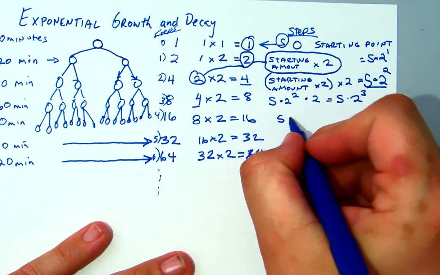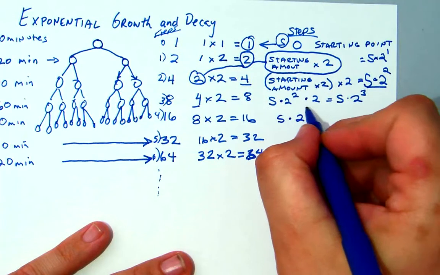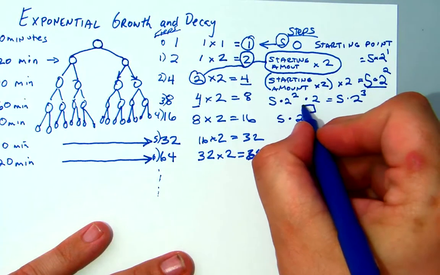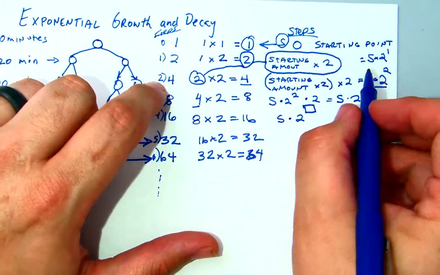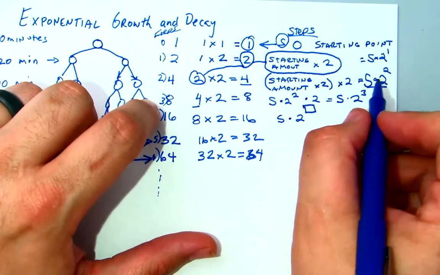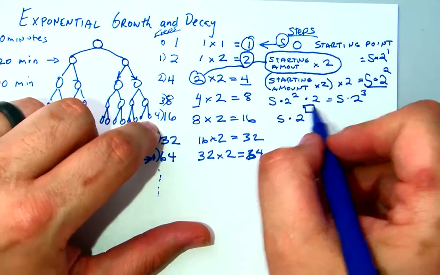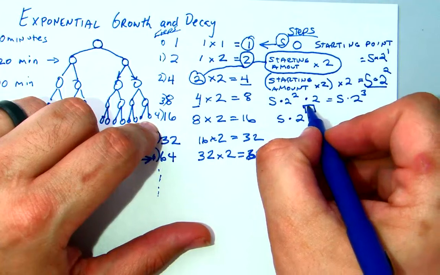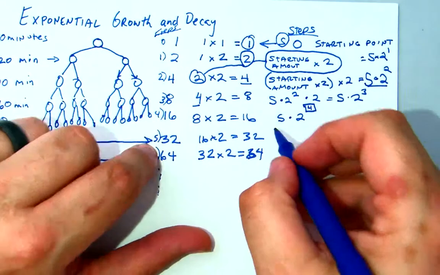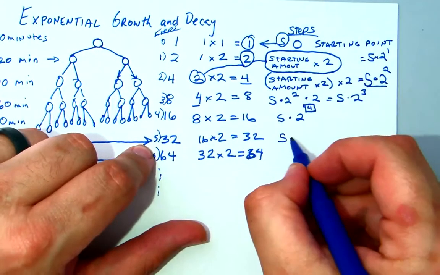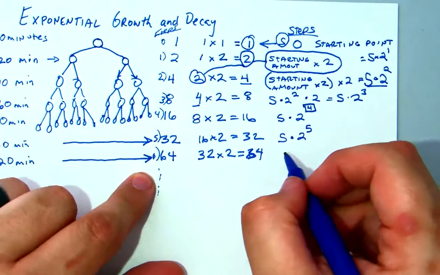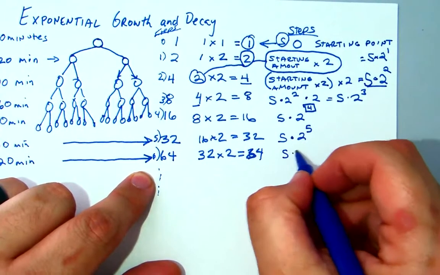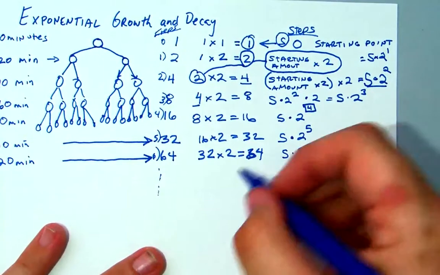The starting amount times 2 to what power? Well, step 1 was to the first power. Step 2 was to the second power. Step 3 was to the third power. Step 4 would be to the fourth power. In step 5, it's going to be the starting amount times 2 to the fifth power. Step 6, starting amount times 2 to the sixth power. And so on and so on.